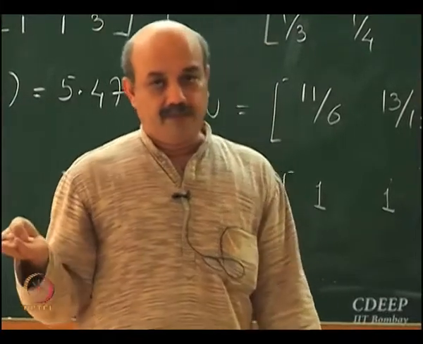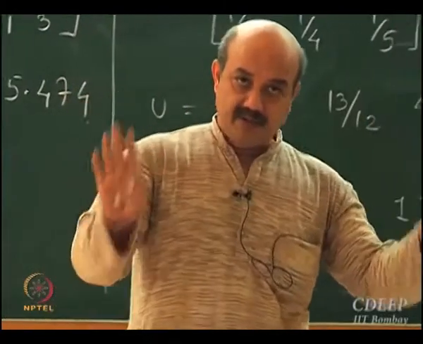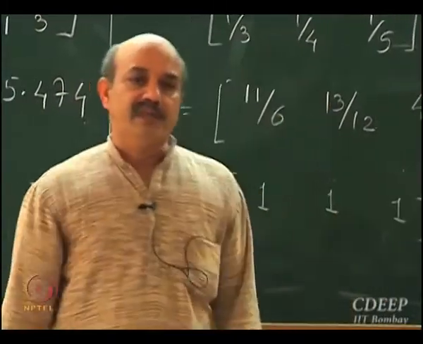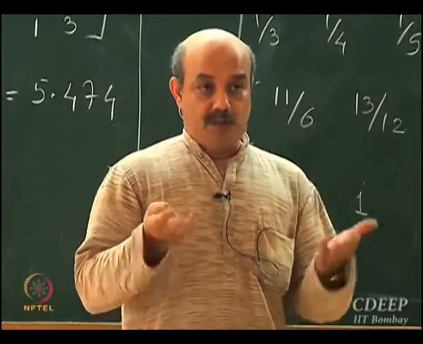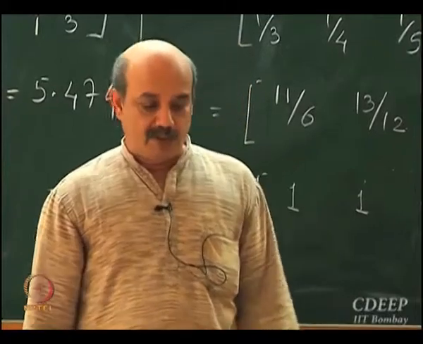So you know how to distinguish between these two. With this, you now have a good idea of how to deal with Ax equal to b. Now let's move on to solving nonlinear algebraic equations. That is what I am going to do next.